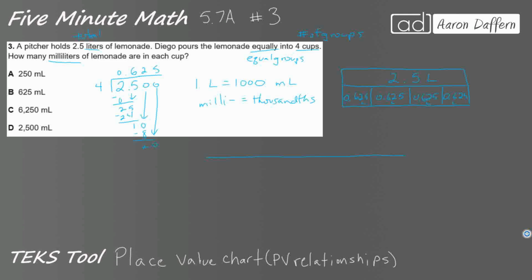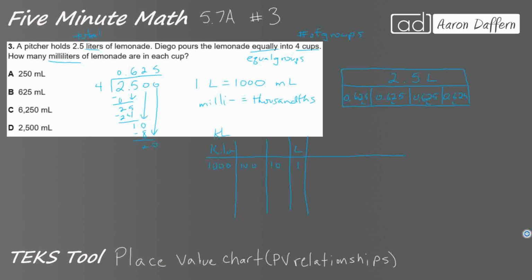And what is our base unit? Well, our base unit is our liter. So I'm going to put that right here. I'm going to make that my ones. If we go up, we have tens, hundreds, thousands. If we go in the opposite direction, we do have a kilo, so a kiloliter. But we need to go in the opposite direction.